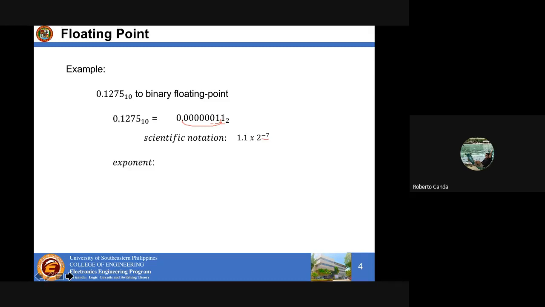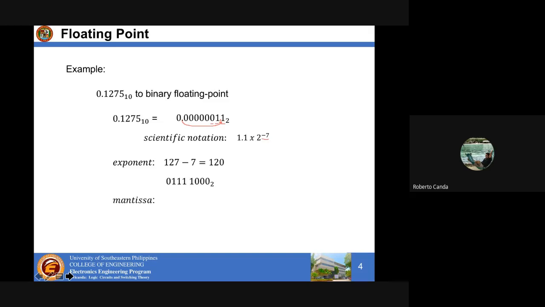Then we have to change your exponent. Exponent of 0 is 127 minus 7, that is 120. And we have to change 120 into binary. So this is 120 in binary.